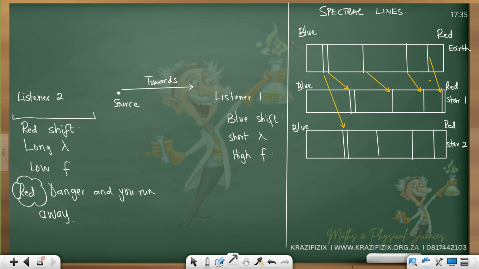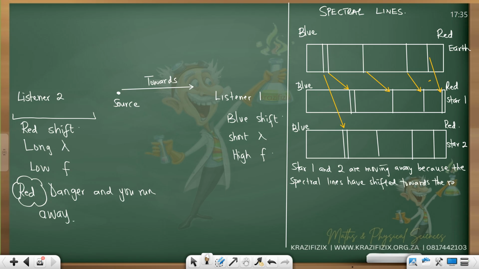Please, did that make sense? Star 1 and 2 are moving away because the spectral lines have shifted towards the red end. So it's just observing how the lines are moving. The lines have moved towards the red, and if they move towards the red, it's red shift, and red shift means away.